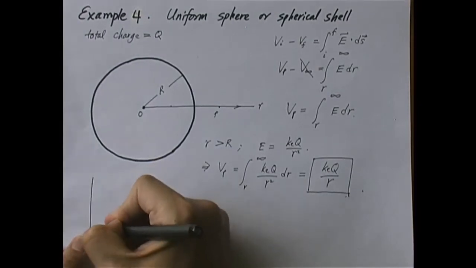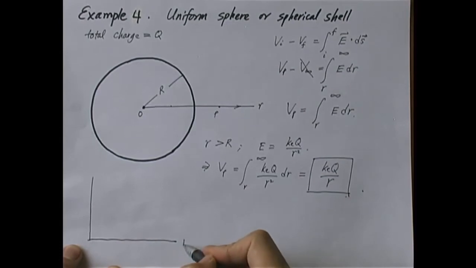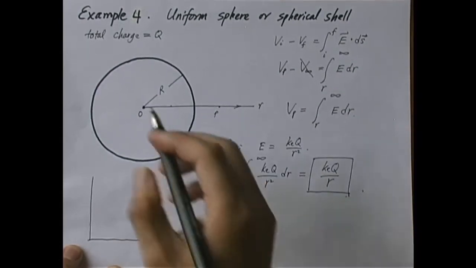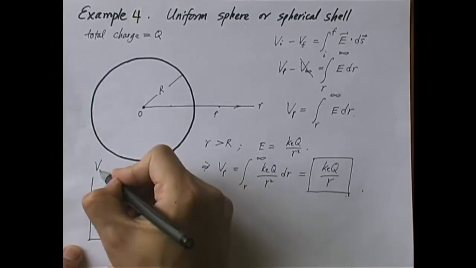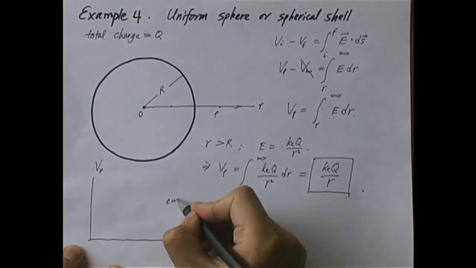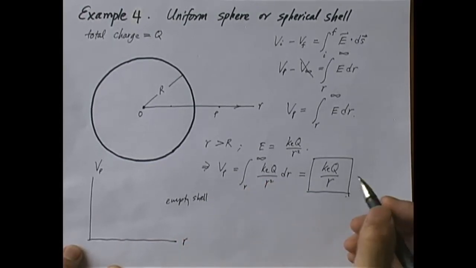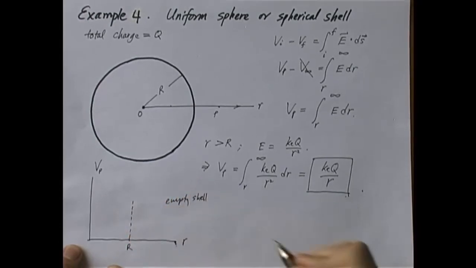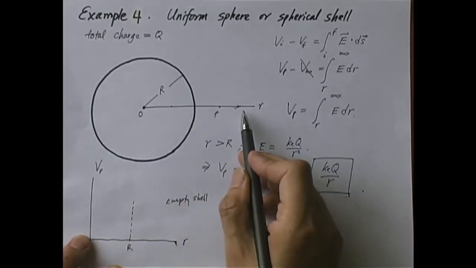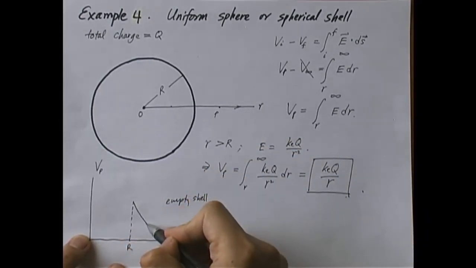Well, if I were to plot the electrostatic potential as a function of R for an empty shell, this is the empty shell, not a solid sphere. This is the radius, right? Further away from the radius, in other words, outside the shell, you know the electrostatic potential behaves like that.